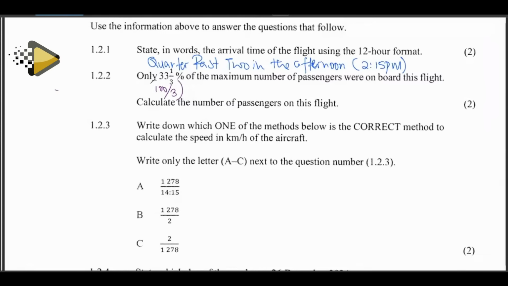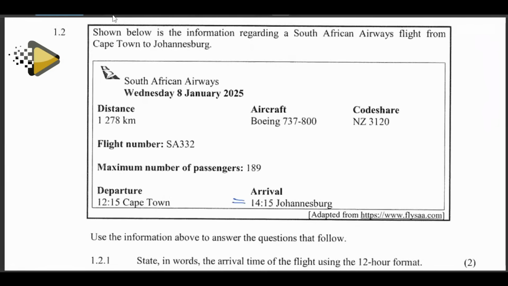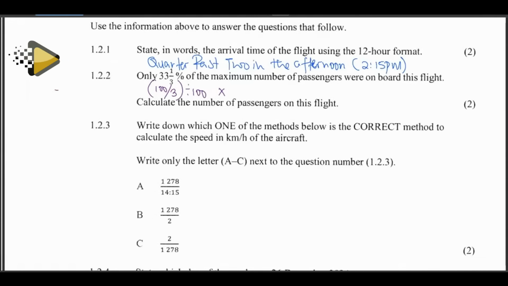But remember, it's still a percentage, meaning you're dividing by 100. So times the number of passengers, which is here 189. Doing only this gives you a quarter, and the answer became 63. It gives you a third, not a quarter, a third.